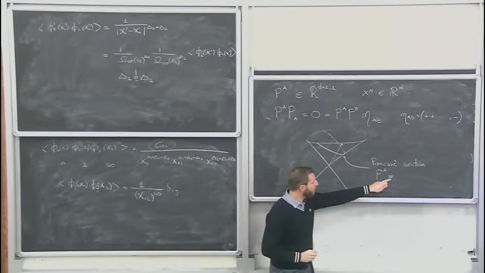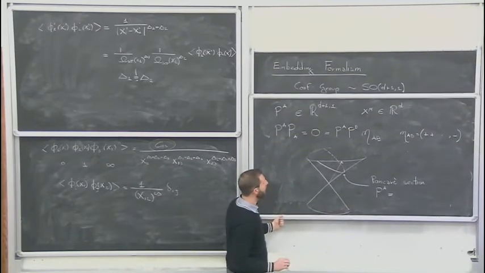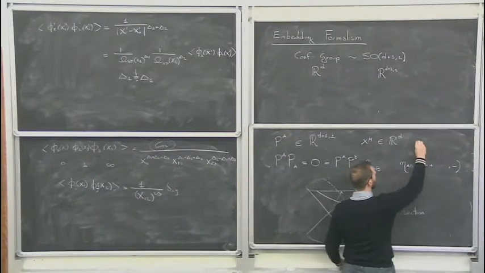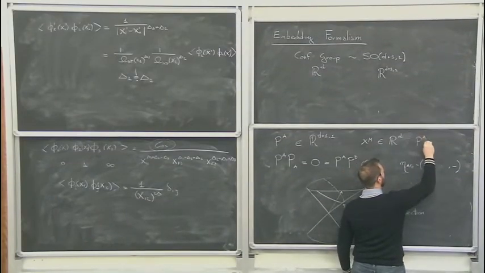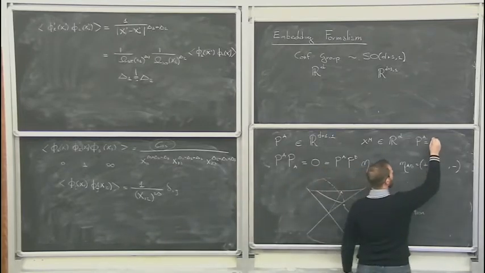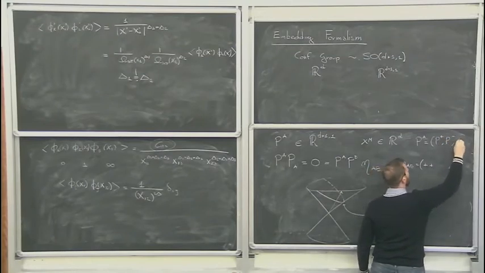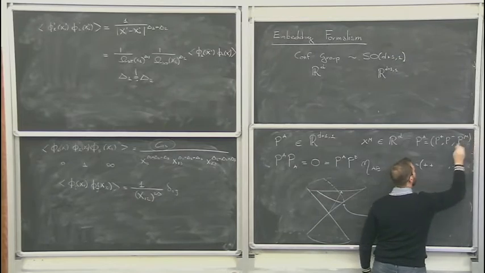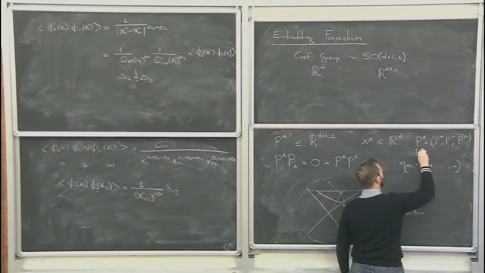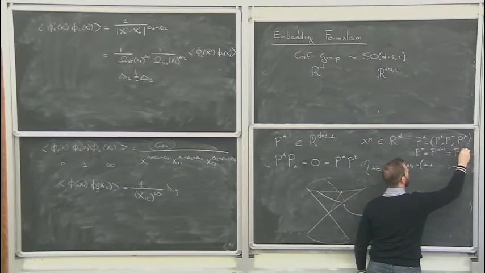Before giving you this form, let me slightly change coordinates and use light cone coordinates. So P^A will be something like P^+, P^-, P^mu, with P^{+-} equal to P^{d+2} plus or minus P^{d+1}.